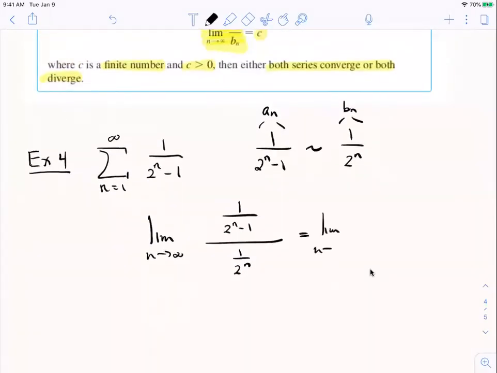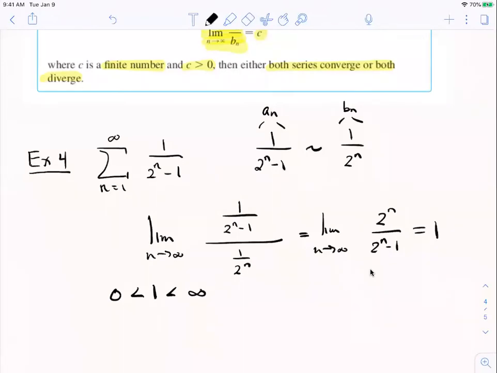That's the limit as n goes to infinity of, well, what would it be? It would end up being 2 to the n over 2 to the n minus 1. And that minus 1 is not going to affect that denominator very much. So 2 to the n divided by 2 to the n minus 1 is going to have limit 1 as n goes to infinity. And 1 is not 0 and it's not infinite.